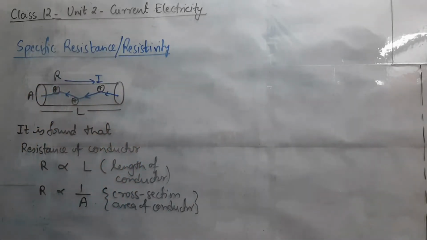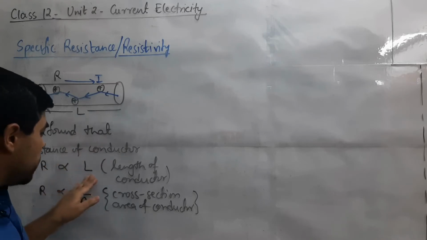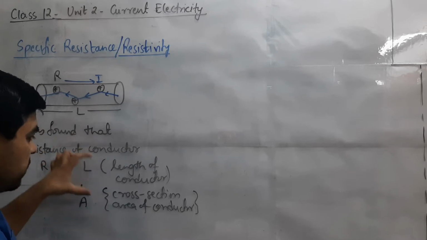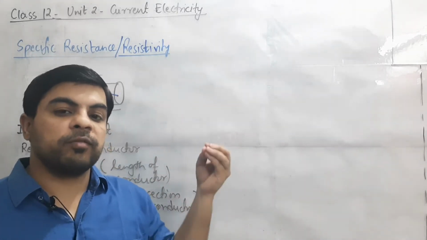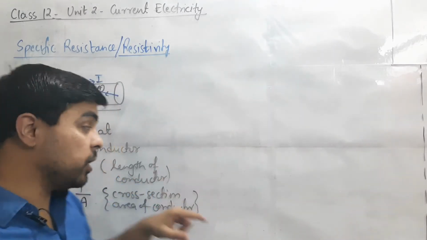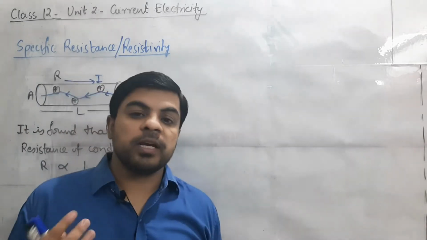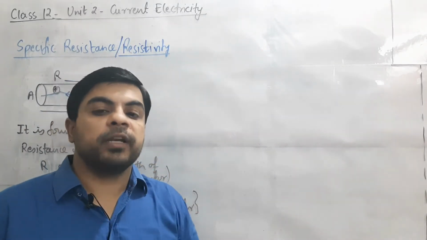Here what we are doing, we are assuming the resistance depending on length as well as on cross sectional area, but when two different materials having different nature, one made of iron, another made of copper, but of same length and same cross section area, when experimentally we counted their resistance, it is observed that they have different values of resistance.